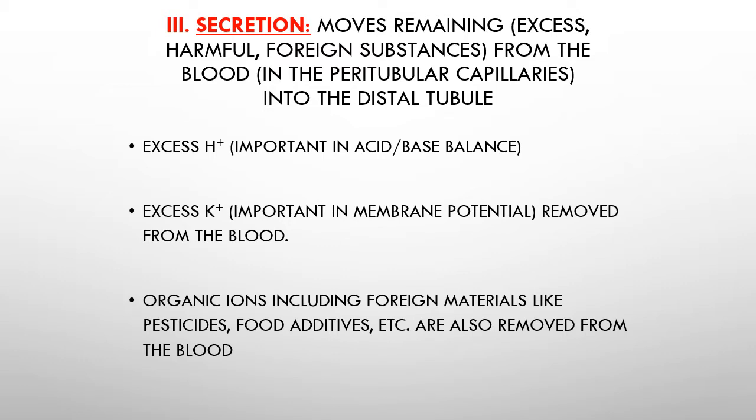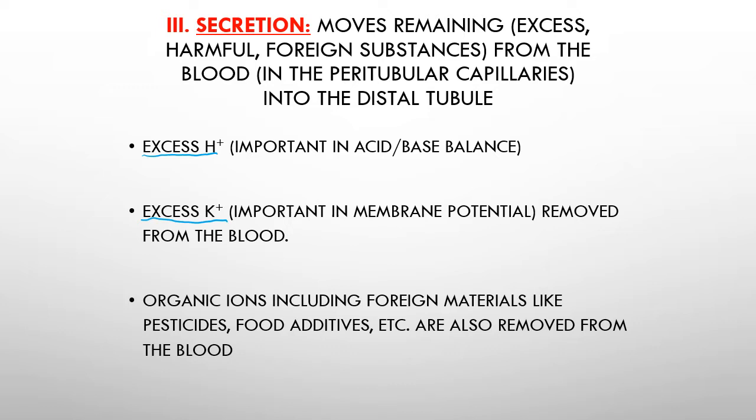And one of the things in terms of pH balance that we have in the body is the removal of excess amounts of hydrogen ions. And so we can raise up our pH and balance things out by either retaining those hydrogen ions or getting rid of them. We can get rid of excess amounts of potassium here, and so this can be taken away.